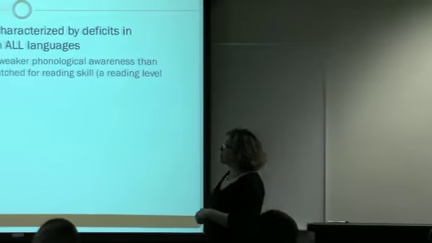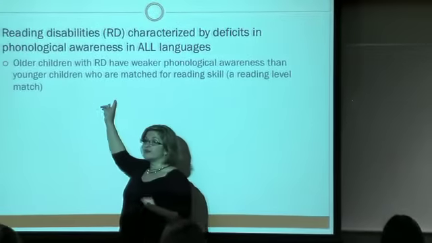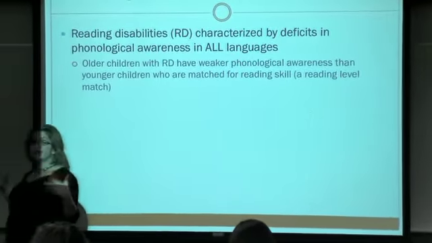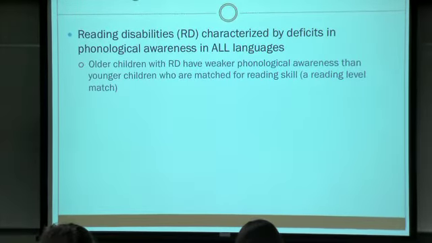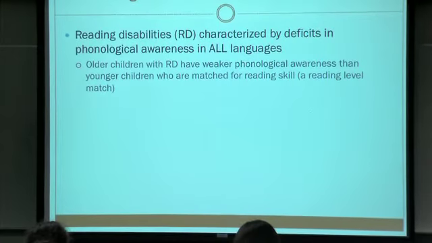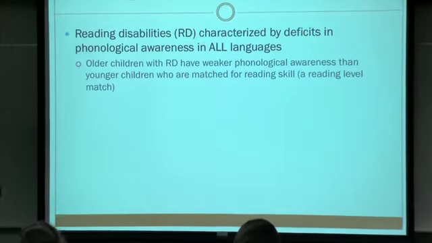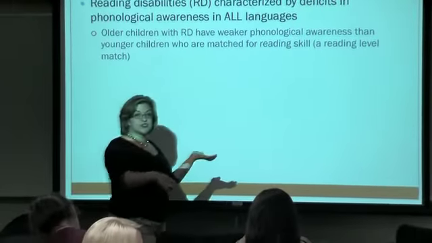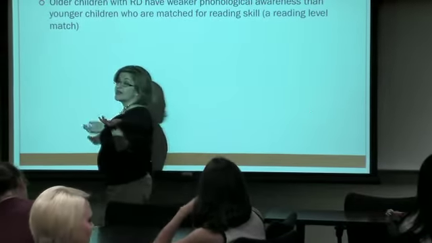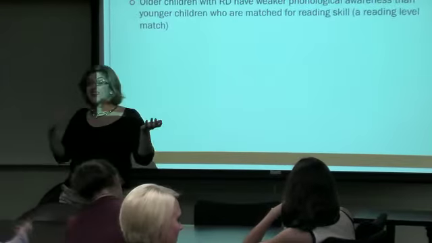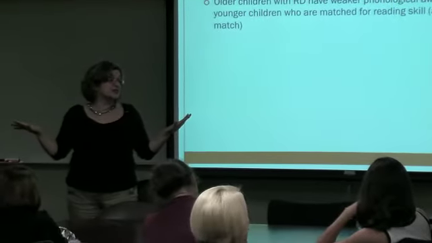And a number of different paradigms have been used. One is called the reading level match. With the reading level match, what you do is take a bunch of kids, say fifth graders, and compare the fifth graders with reading disabilities to the ones without reading disabilities. What we find is that the kids with reading disabilities do badly on a huge range of skills.